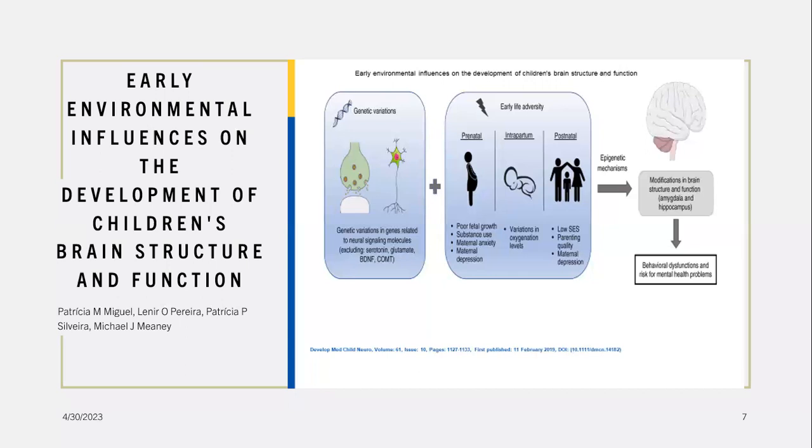Changes are seen in brain function and structure, specifically in the hippocampus and the amygdala, which are areas of emotional development. So these brain changes can affect social emotional development, behavior dysfunction, and the risk of health problems.